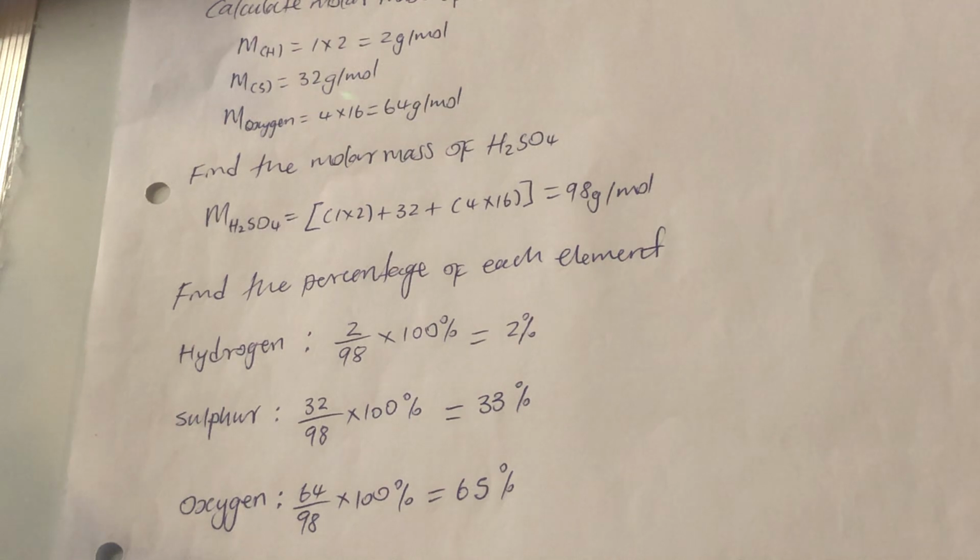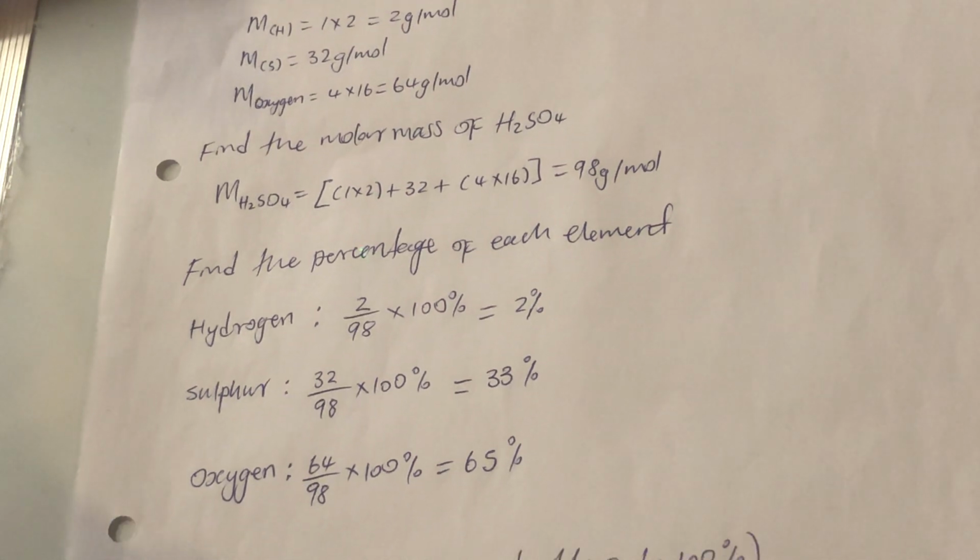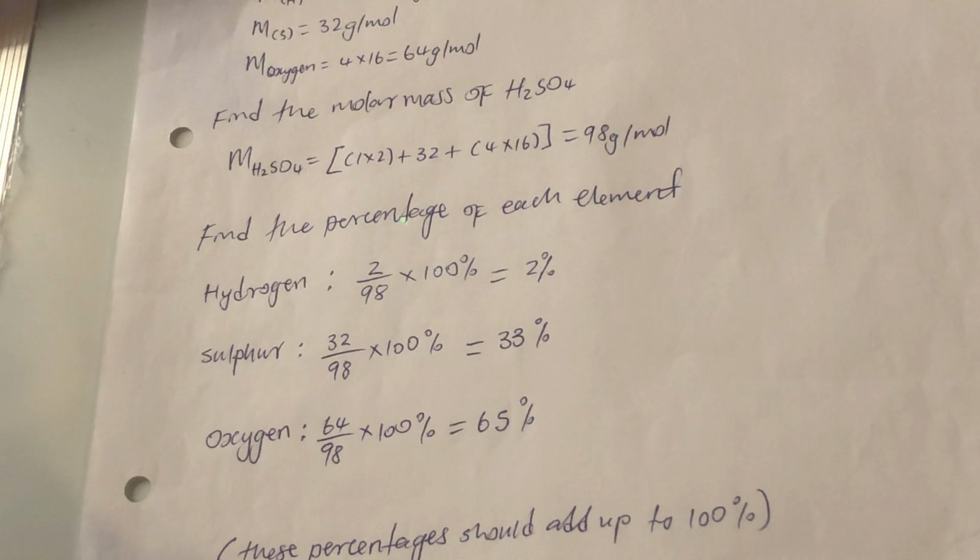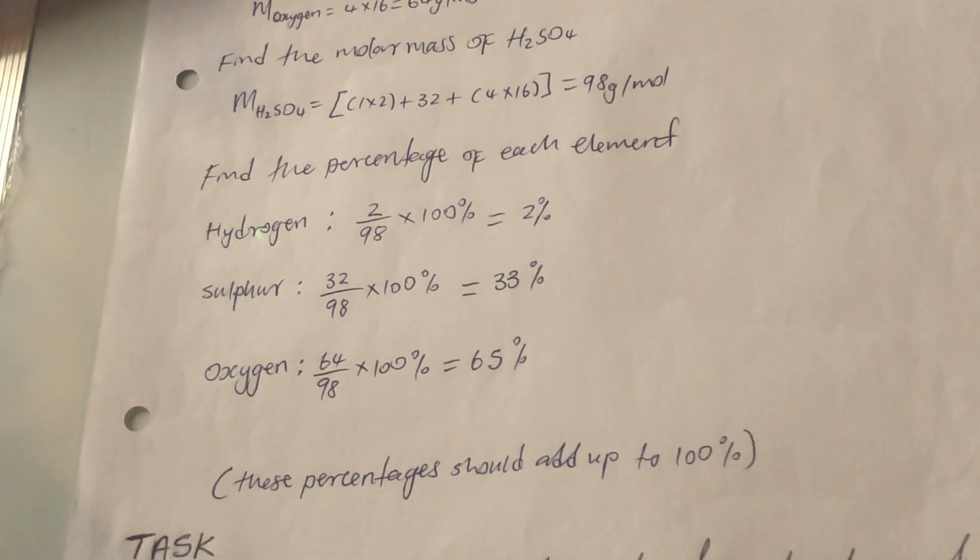Now, with these molar masses of the elements and also of the compound, what do we do? The next step is to find the percentage of each element. How do we do this? You can start with any element. In this case, I'm starting with hydrogen.